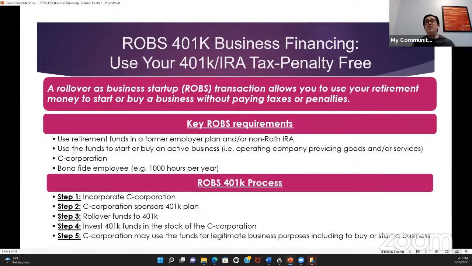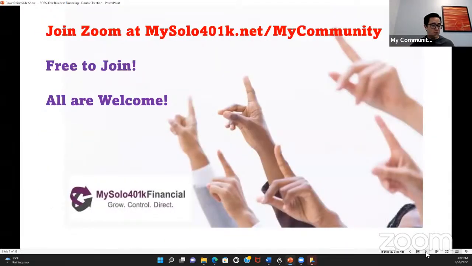Once the funds are in that new 401k, the new 401k plan is going to allow you to invest in the stock of your new employer. In other words, that C corporation. So the funds would then go from the 401k account over to the business bank account of the C corporation. The C corporation can then use the funds for any legitimate business purpose, including buying or starting a business.